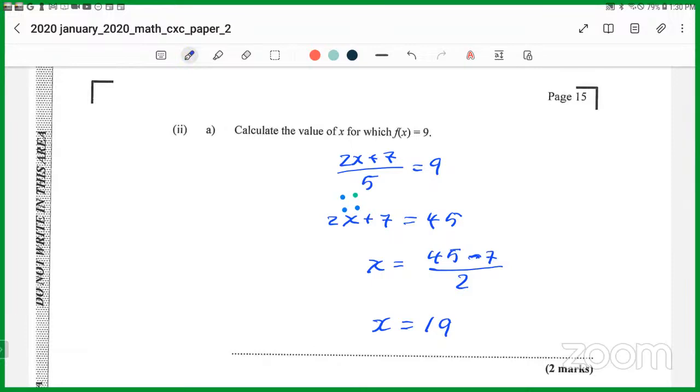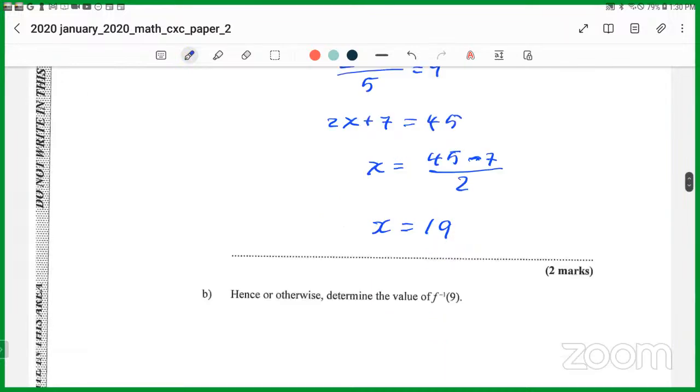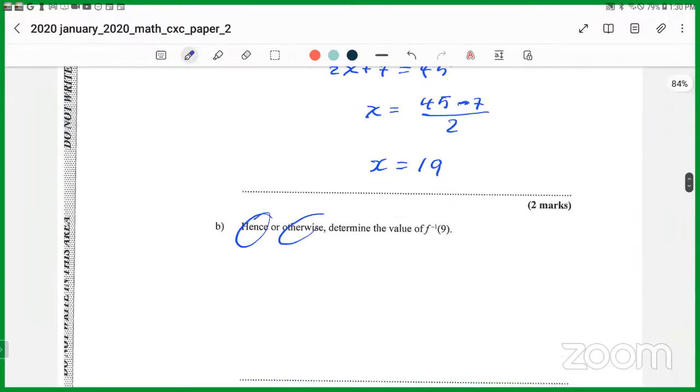That is correct. And now this question is asking us, hence or otherwise, to determine f to the minus 1 of 9. But I can tell you it is from this. If you put f to the minus 1 of 9 equals some number, then it means that 9 is equal to f of that number.